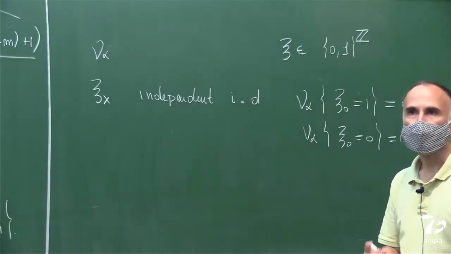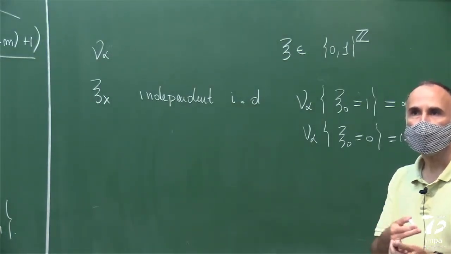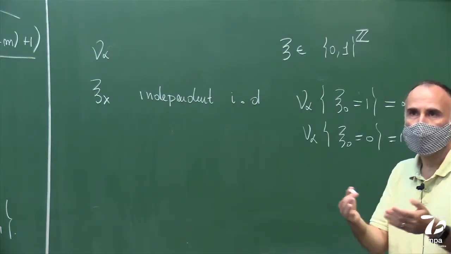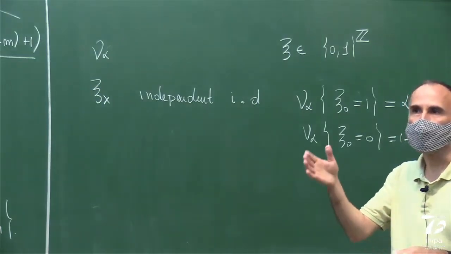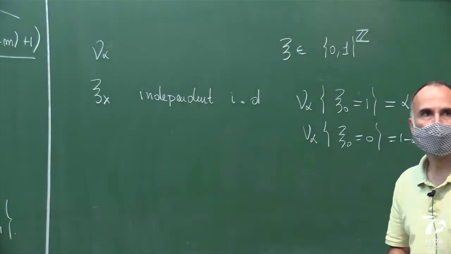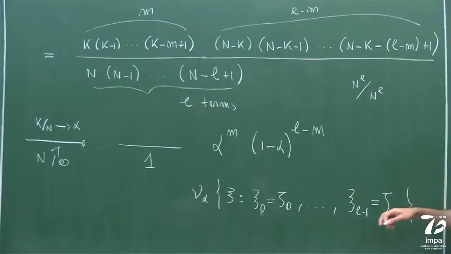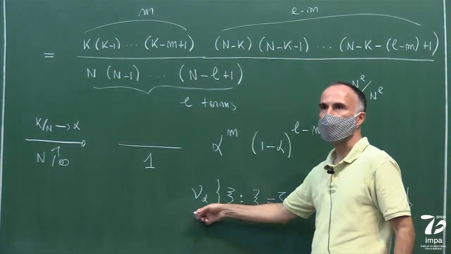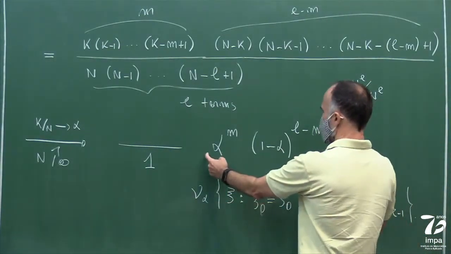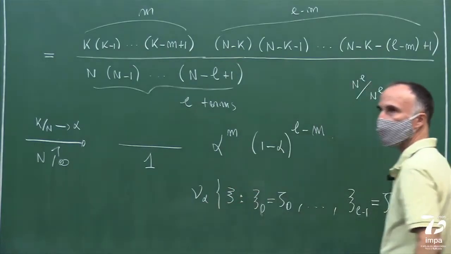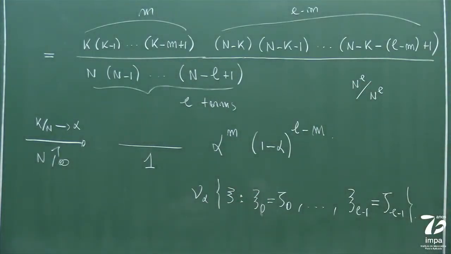So these variables are independent, and they all have the same distribution. They take value 1 with probability alpha. So what I claim is that if nu alpha is this measure, then this object here is exactly equal to that probability. So let's compute that.